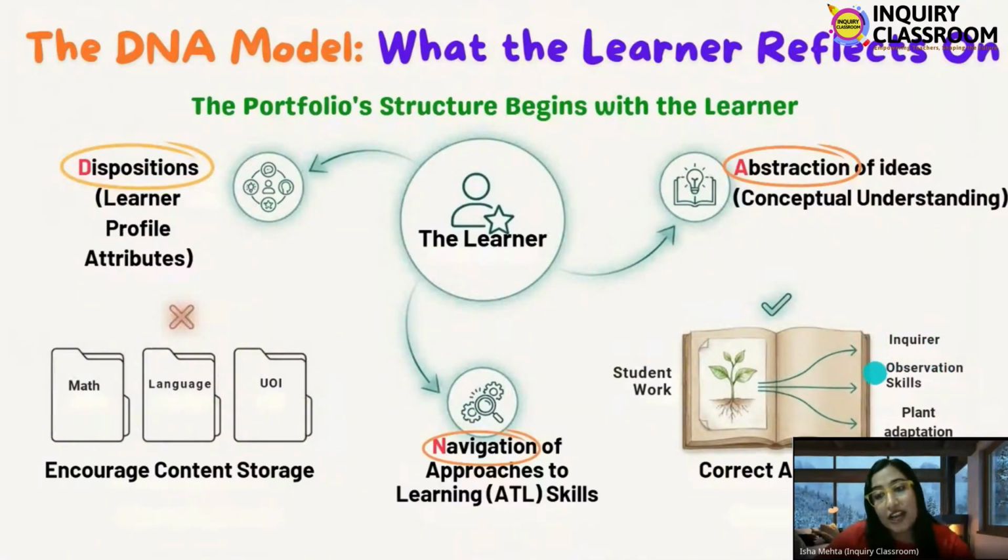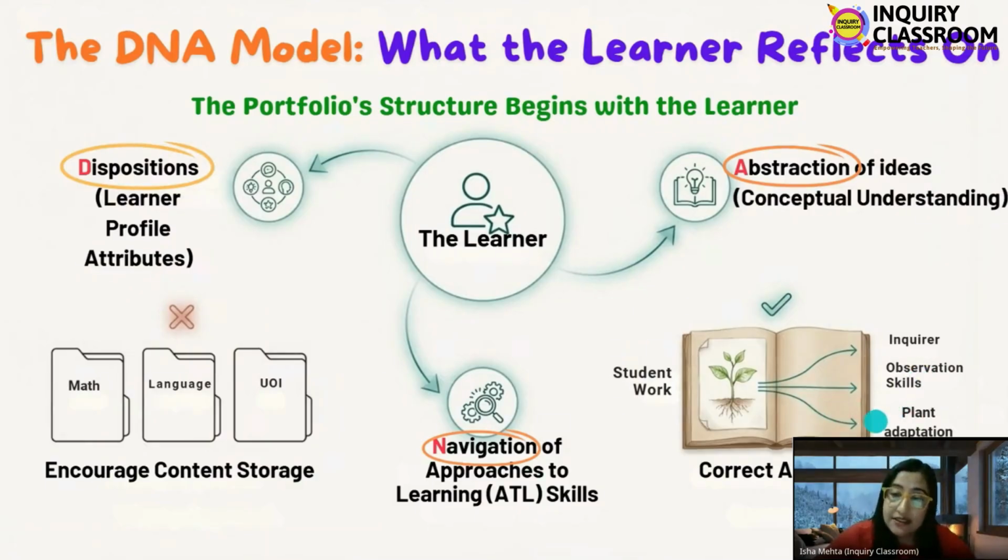After that, the child should also be able to connect what ATL skill did I develop during this task. So maybe the child will say observation skills, because I went to maybe the biolab and then I observed different plant samples. That is how I developed my observation skills. Maybe I went on a nature walk to observe local biodiversity.